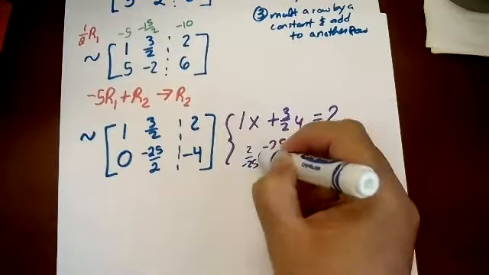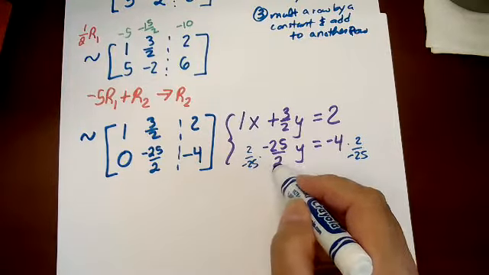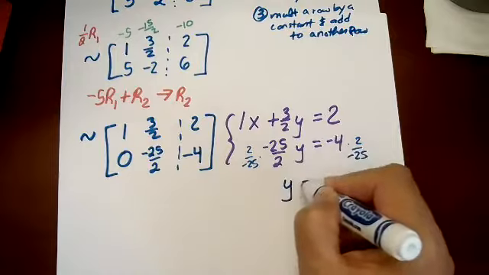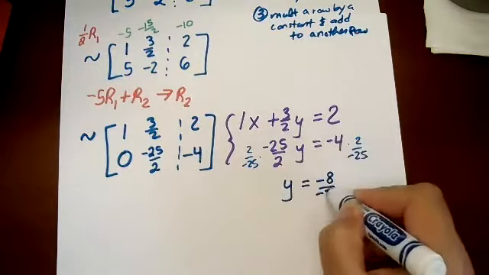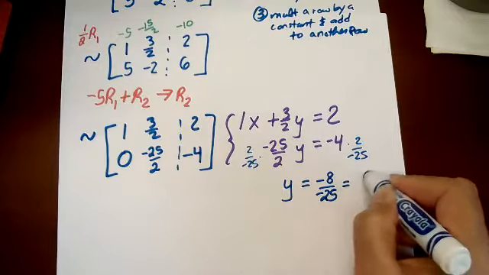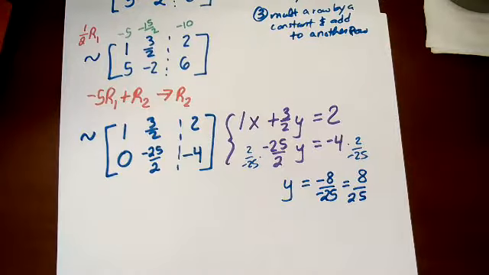We'll multiply both sides by 2 over negative 25. That becomes 1 over 1. So y equals negative 8 over negative 25, or 8/25. So I now know the y value.